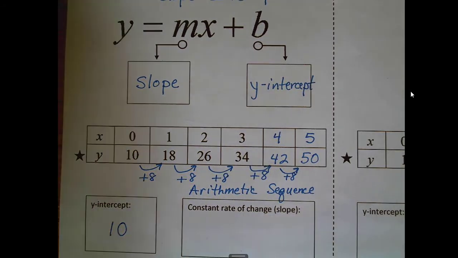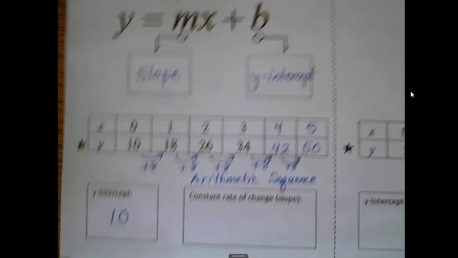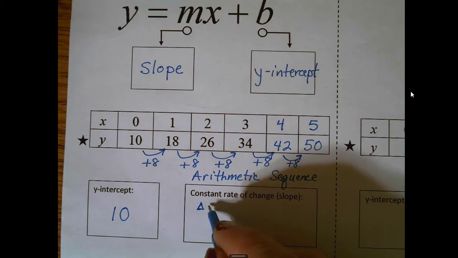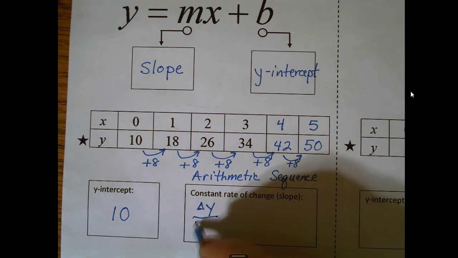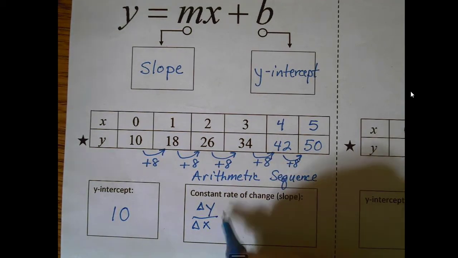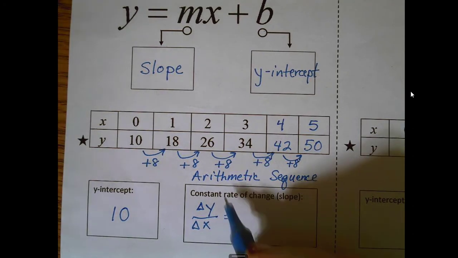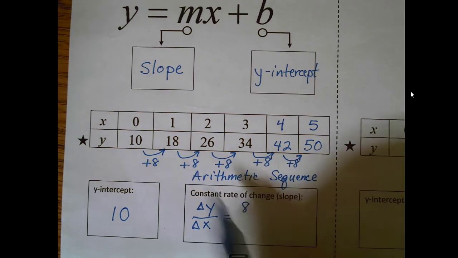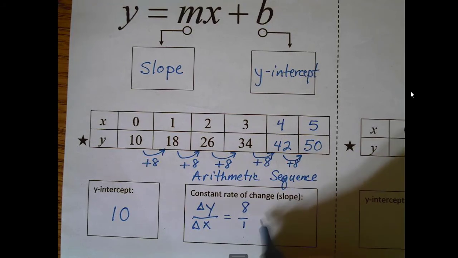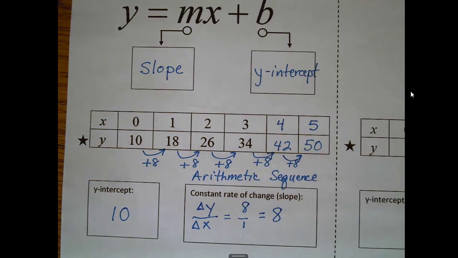And so how do we figure that out? Well, we're going to find our change in y over our change in x. So our change in y is 8. Our change in x is 1. And so we get that our slope is positive 8.